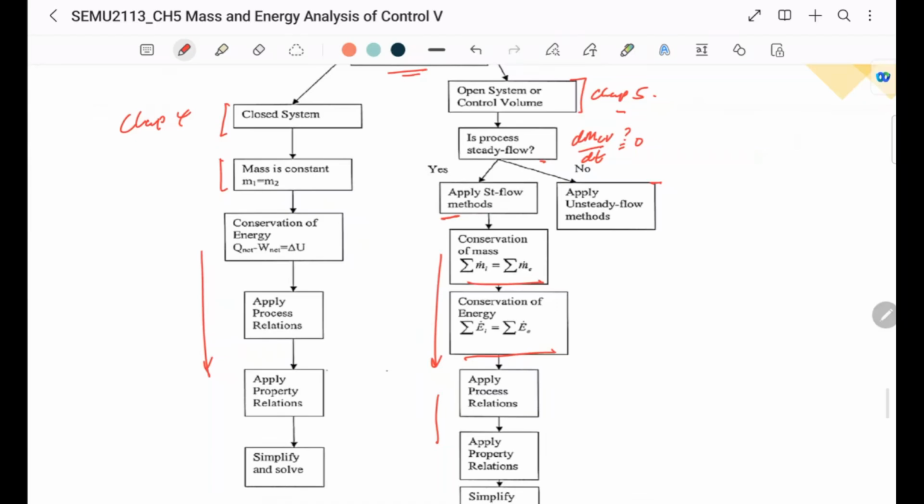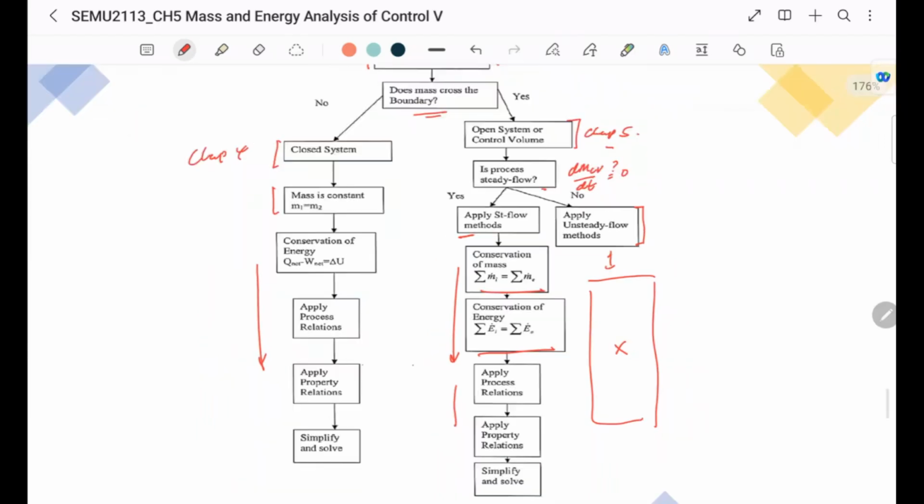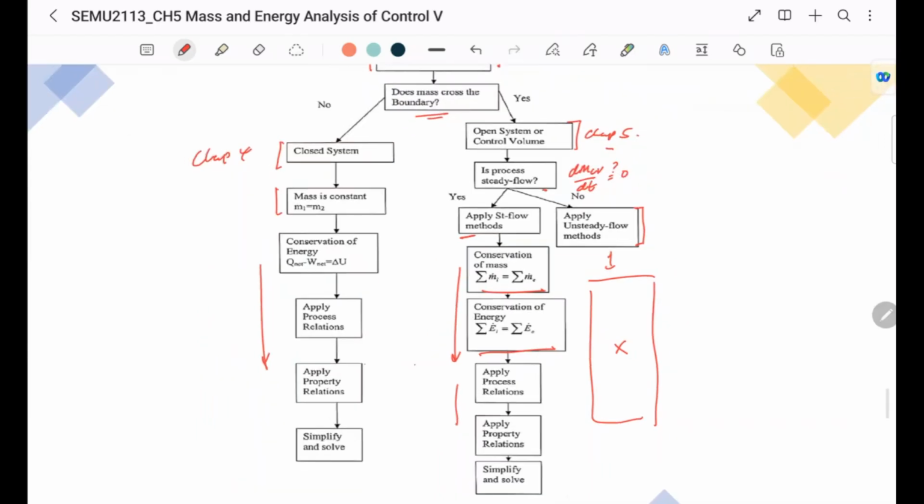If no, then it's an unsteady flow, which has a step to solve as well, but it's not part of your syllabus. So rest assured that none of the questions that you see will be an unsteady flow. This is just a flow chart of how we solve an engineering problem when it comes to energy.